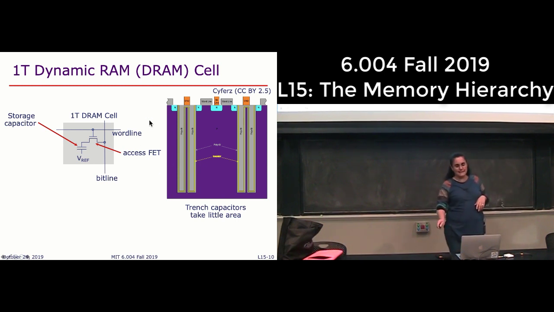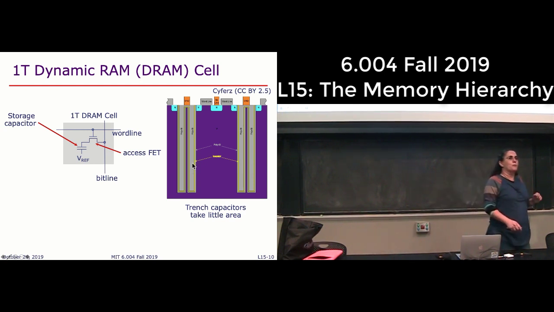So this is showing you a portion of a silicon die, and up on the top is our surface area, which has a bunch of these access FETs, and then these big deep gray lines correspond to our capacitor.